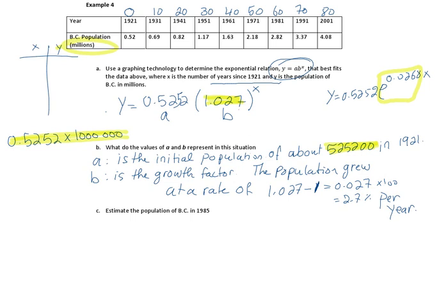Now, if I want to estimate the population of British Columbia in 1985, what do I have to do? We have y, we have a, and for x we put maybe the year is 85.